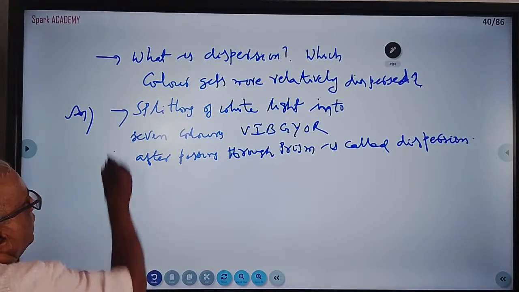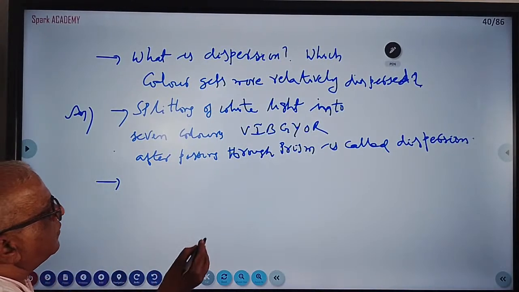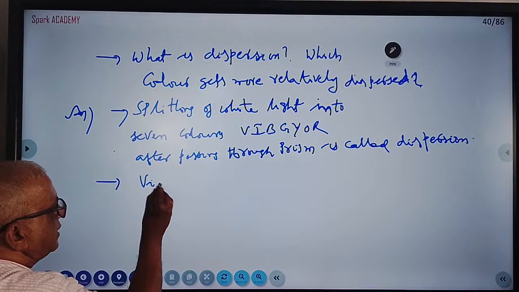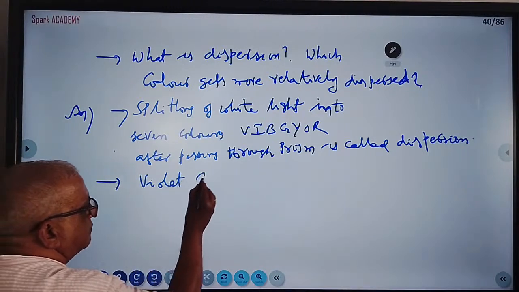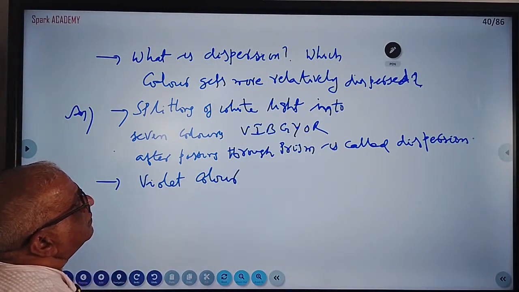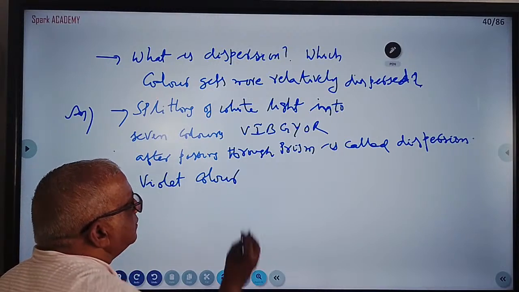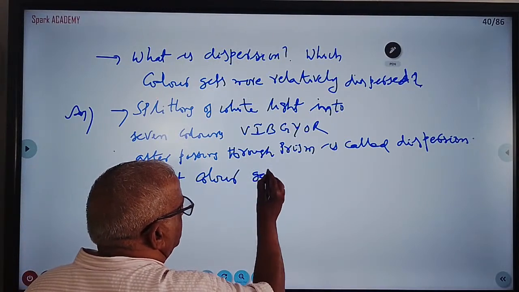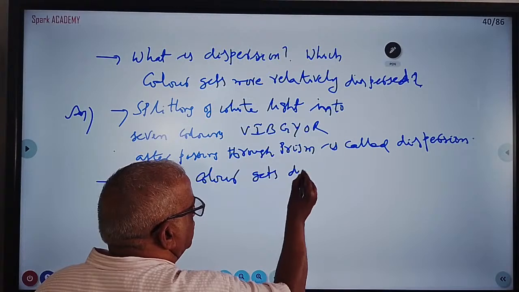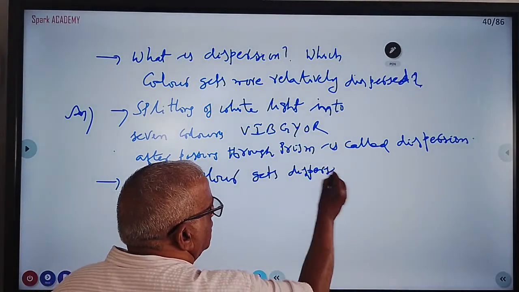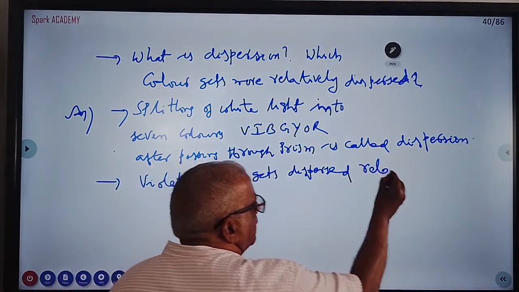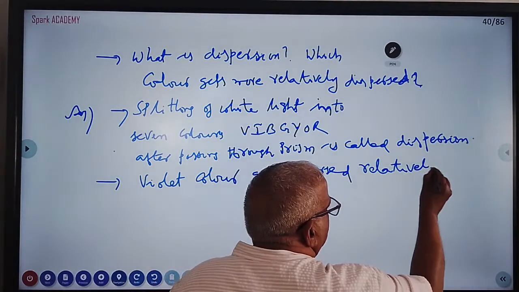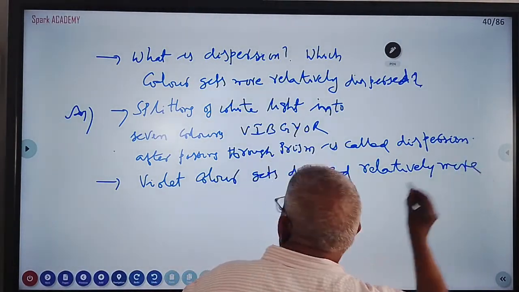Which color gets more deviated? More dispersed means more deviation. Out of these, violet color gets dispersed, meaning deviated, relatively more than other colors.